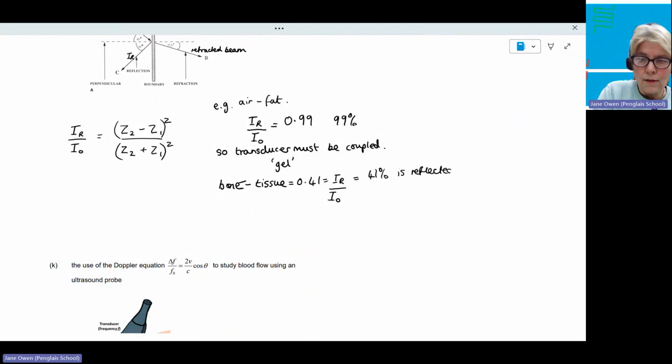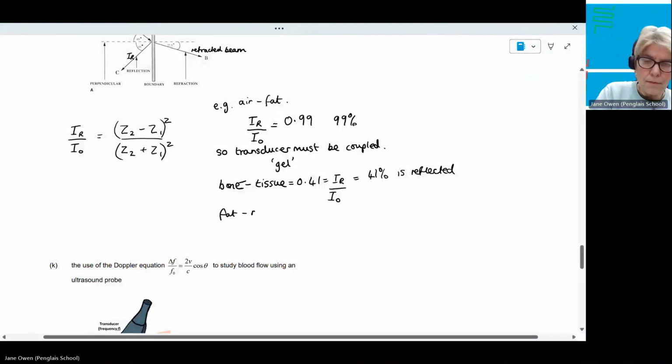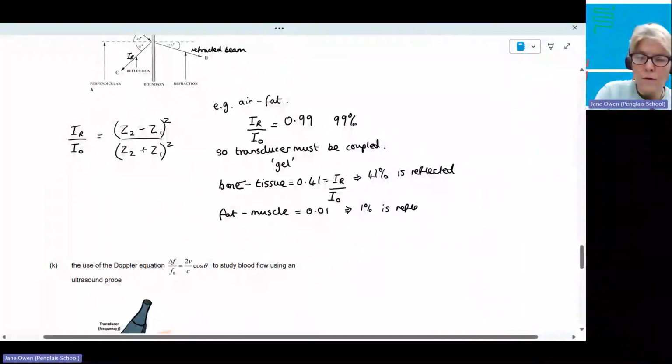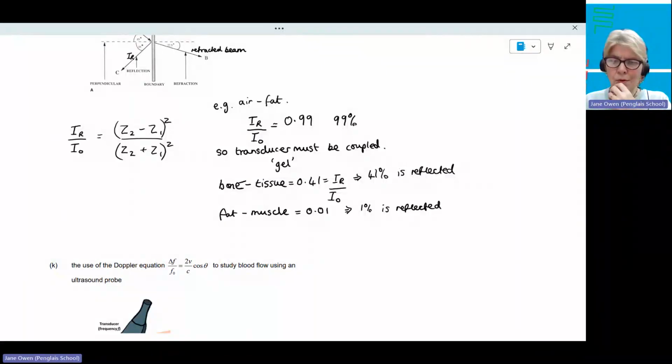That means the rest of it is refracted into the body to enable a scan to be produced. For fat muscle, it's 0.01, which means that 1% is reflected, and the majority of it will go and be refracted into the body. Even better, because what we want is we want it to get in there and to get into the body.